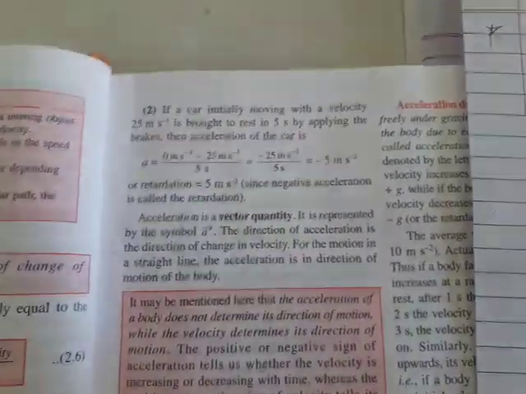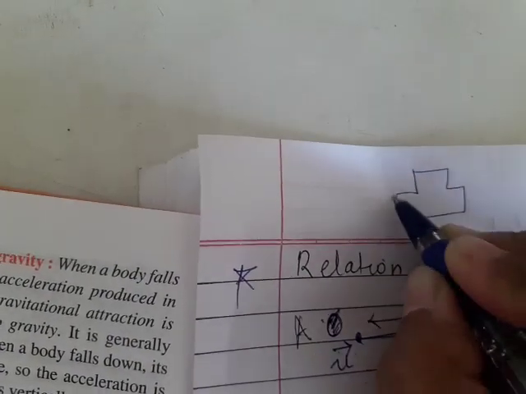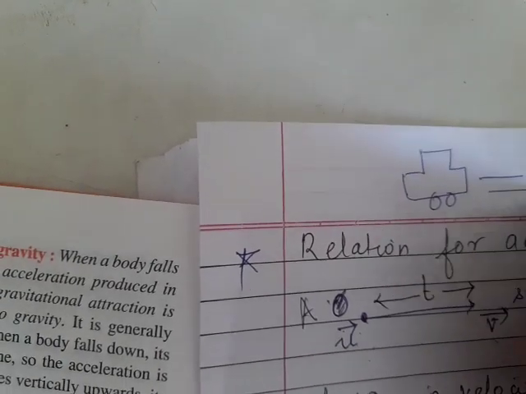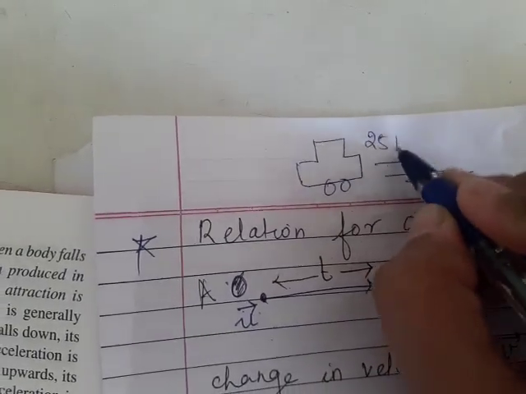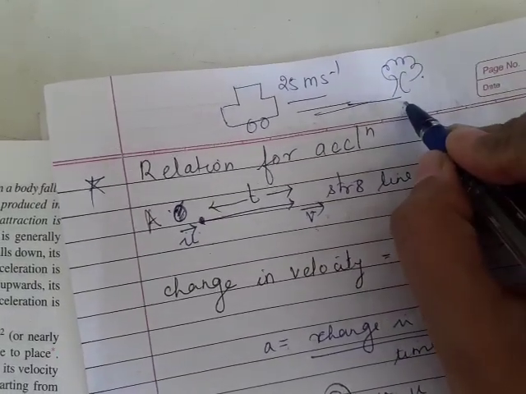Are you understanding what they are giving? The second example, I'll just tell you how it is. Suppose this is the car, traveling with a velocity of 25 meter per second, and suddenly, say for example, there was a tree in between and it stopped.